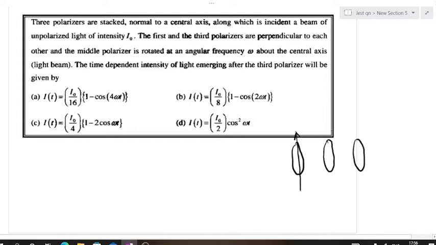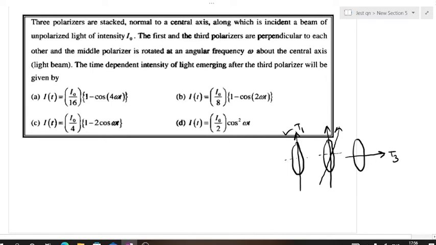This is the transmission axis. This is transmission axis. And this rotated. Okay, the first and the third polarizer are perpendicular to each other. That means first polarizer transmission axis this, and second and third will be T3 like this.